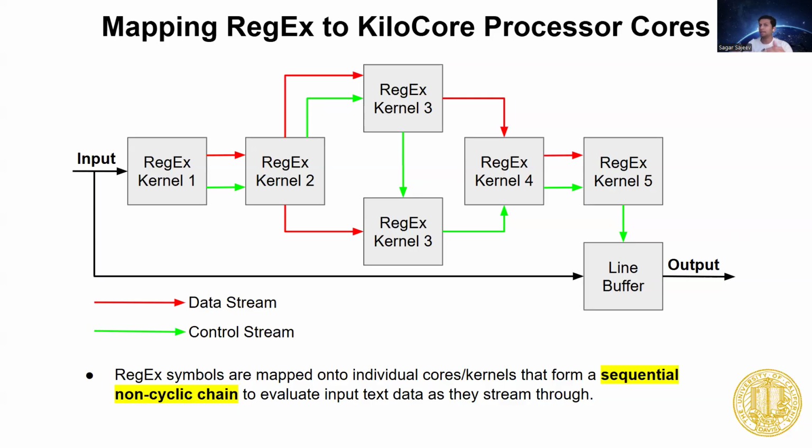And in parallel, the input also goes into a line buffer core, which receives the match from the final kernel, or processing core, of the regex processing system, and on the basis of the match, it's able to spit out the line that is associated with the match to the user.